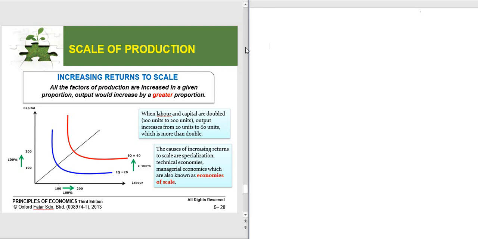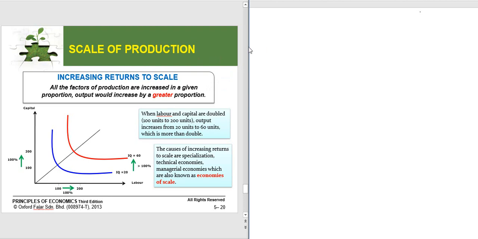First, what we mean by scale of production is we want to see if we increase our input, for example, we add more capital and more labor in our production, will that cause our output to increase more or increase just a little bit? So we want to see the effect of the changes in the scale of production.